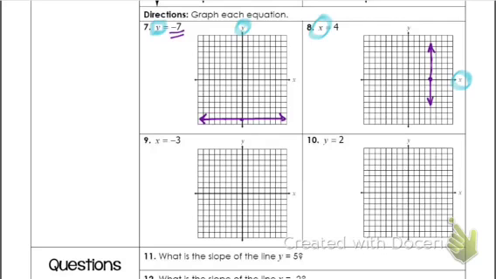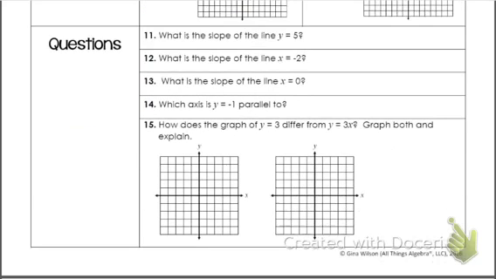Okay, let's go down and look at the questions here. Number 11, it says, what's the slope of a line y equals 5? So if it's y equals, that means that it crosses the y-axis. If you need to, draw a quick sketch of it.